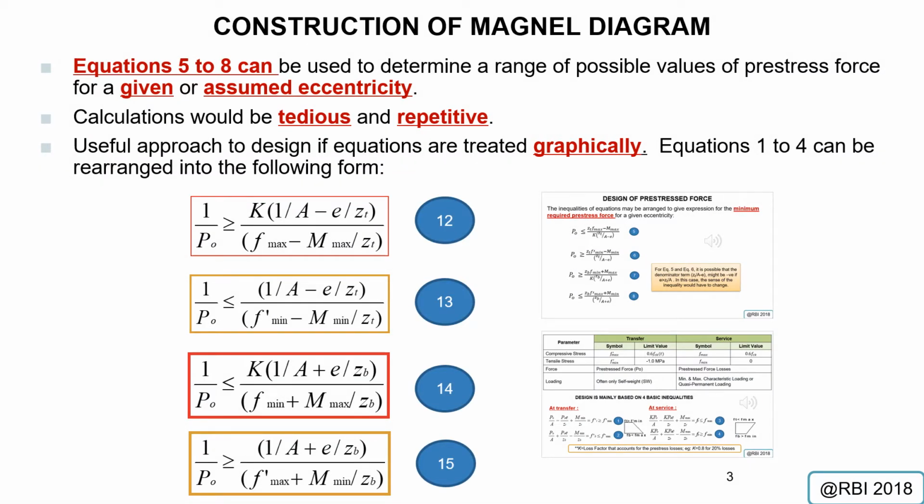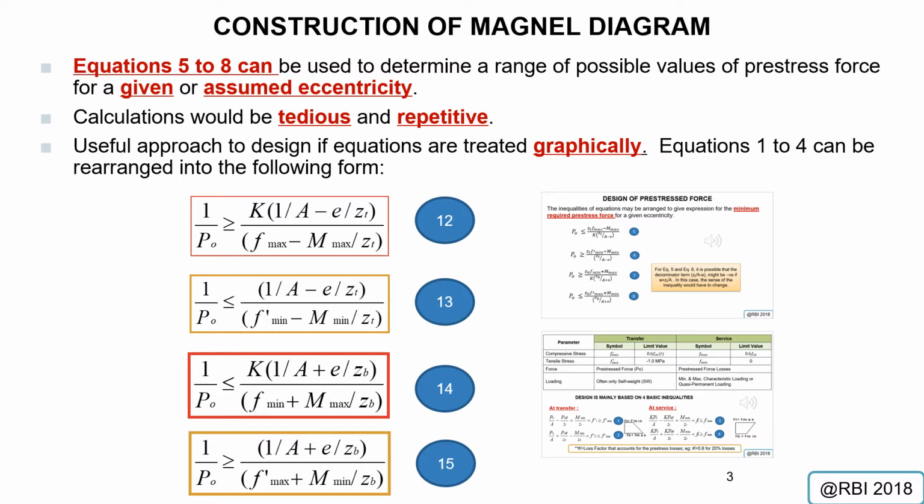Basically, in this slide you can see equations 12, 13, 14, and 15. All these equations are mathematically formed from equations 1 to 4 that we have gone through previously, and also equations 5 to 8.